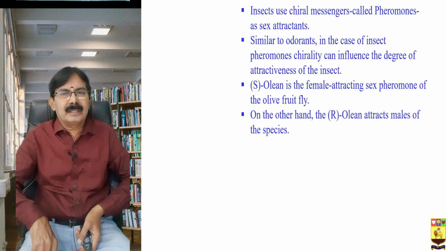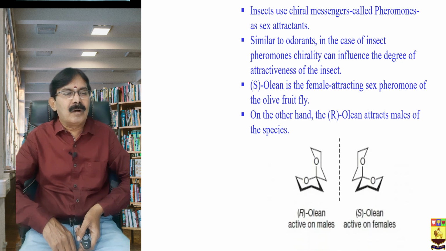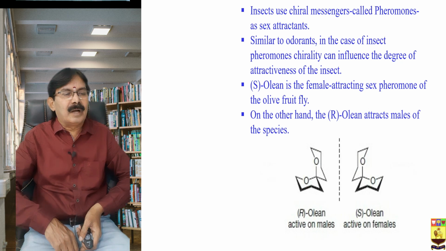In the case of insects, pheromone chirality can influence the degree of attractiveness. For example, one enantiomer of olean is a female attracting sex pheromone of the olive fruit fly. On the other hand, the other enantiomer of olean attracts males of the species.